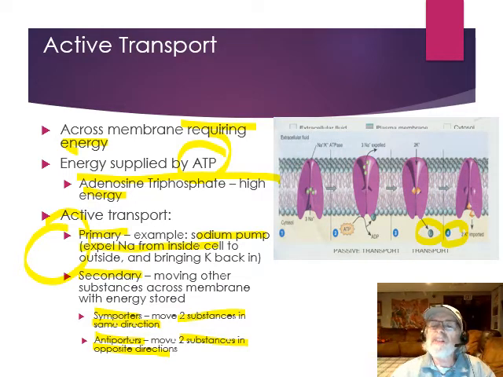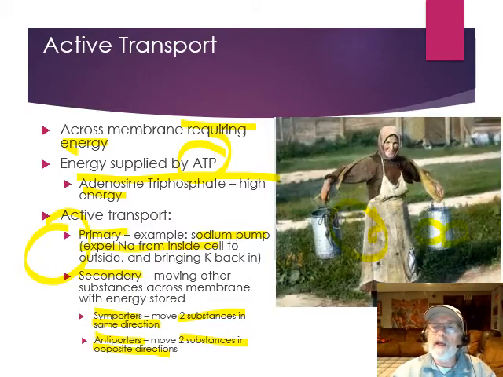So basically, that's just looking at different types of active transport. Again, requiring energy, the ATP, the phosphate being used as energy, resulting in the ADP. Obviously it requires energy to transport things across membranes. So basically that's called active transport. It takes some power and some energy to be able to do that.